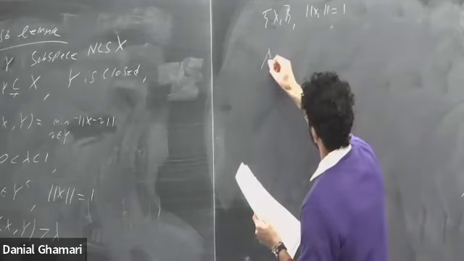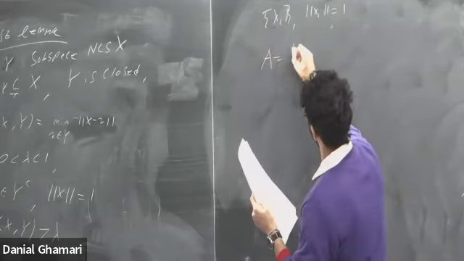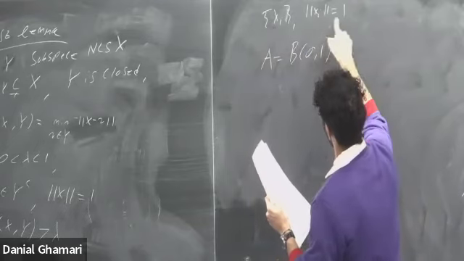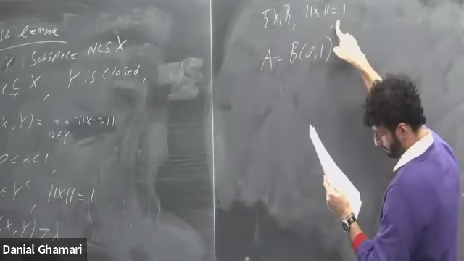We'll let A be the ball of radius 1, given by all points whose norm is 1.